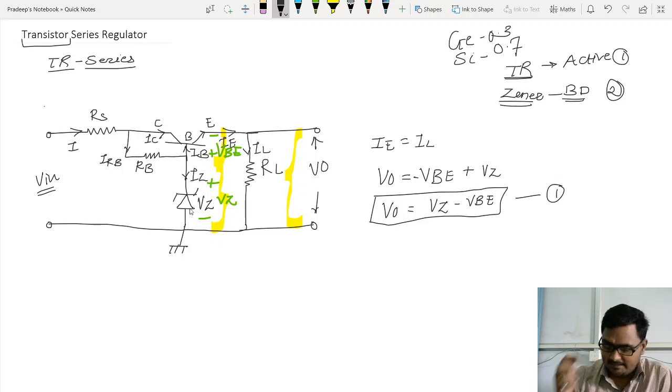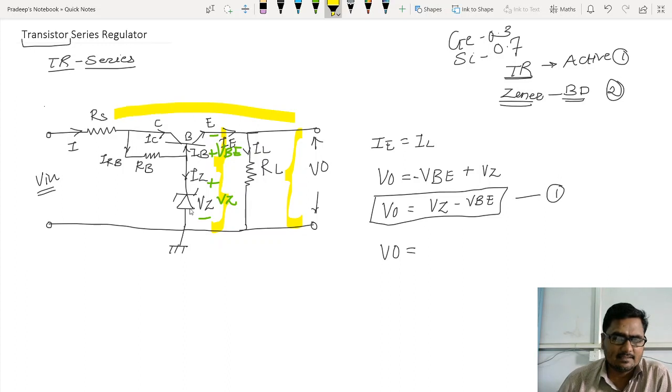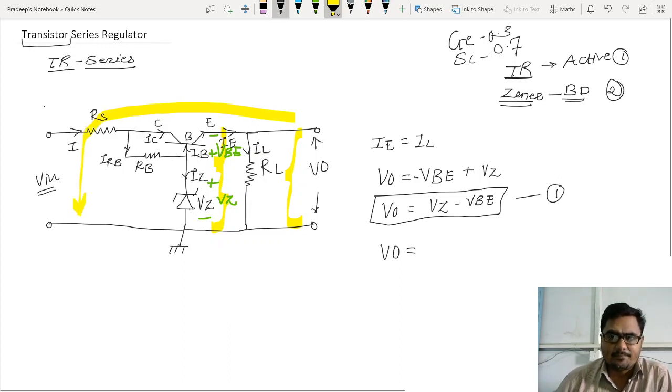Now, if I want to write the equation of output voltage with reference to input voltage, then how can I write? Then I need to consider the complete loop like this.